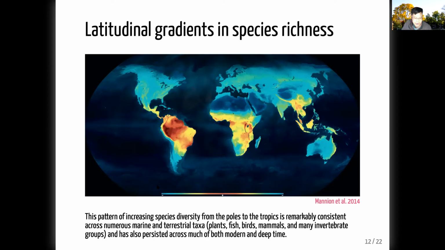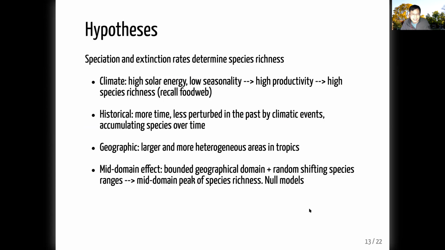But by and large, this pattern is very consistent, and it also persists across much of both modern and deep time, which means in the past and also now, this pattern holds. So we have this remarkably consistent pattern, but then we ask why we have this latitudinal gradient in species richness. Over the past decades or century, dozens of hypotheses have been proposed.